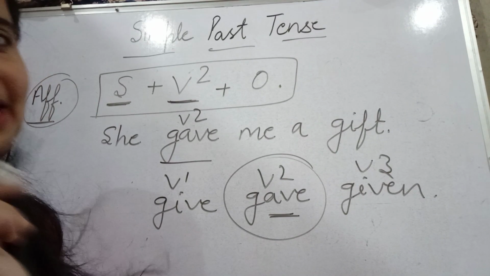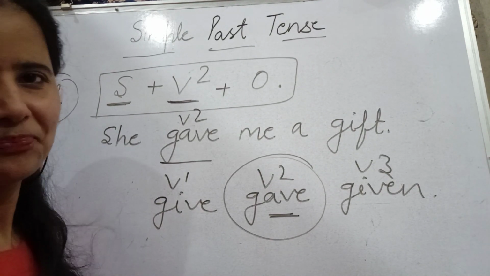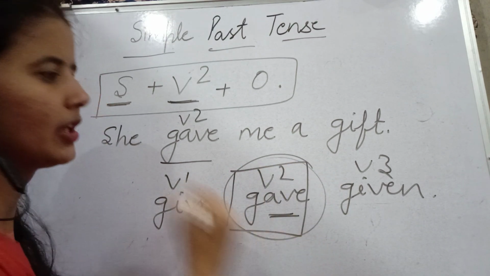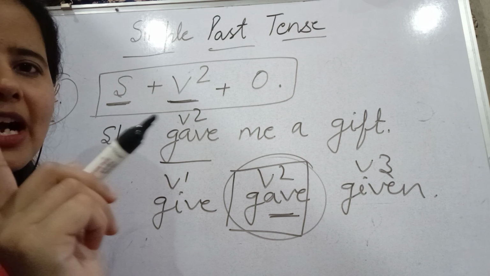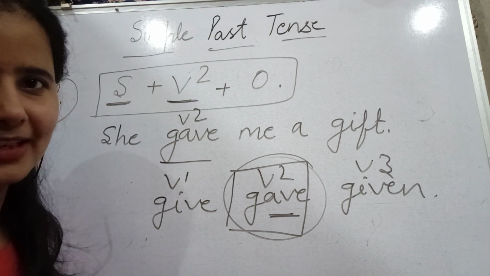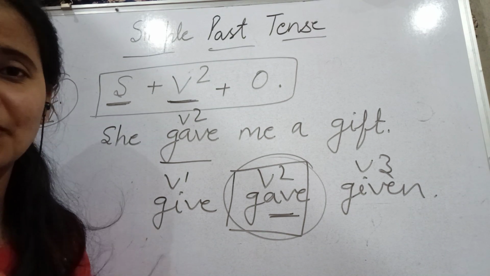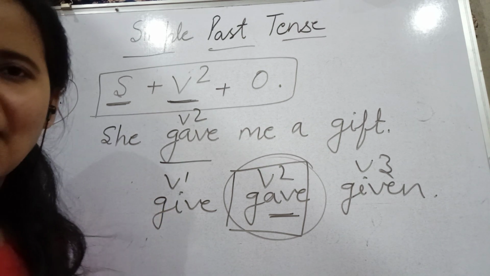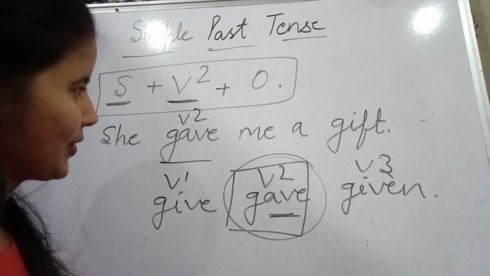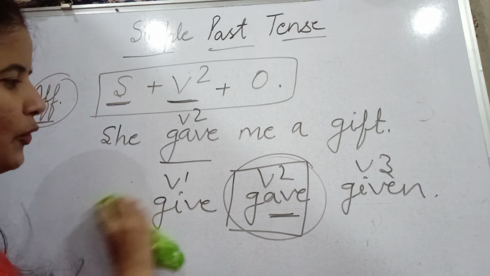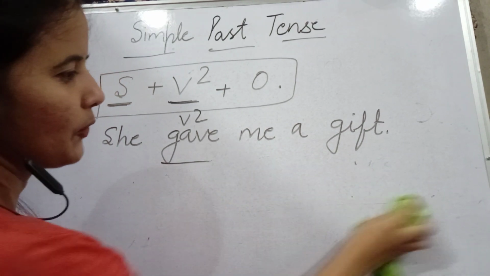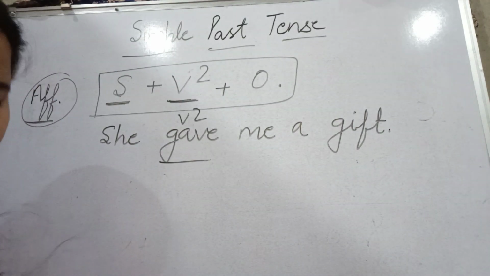The most amazing thing you will see here is that V2 is only used in the simple past tense affirmative sentence. There is only one use of V2, and that is the simple past affirmative sentence. So do remember this. To form affirmative sentences, we have to use V2.